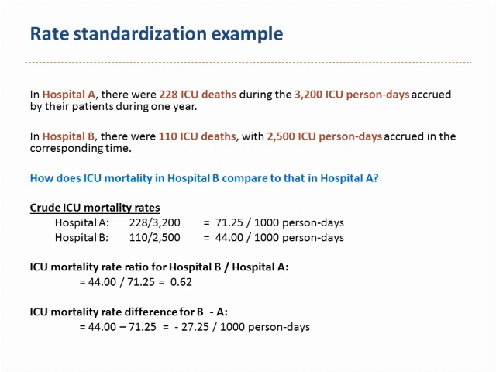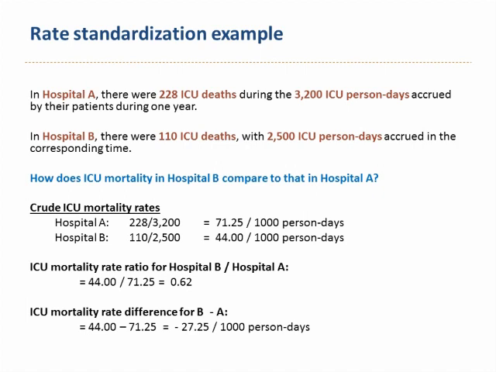We can do this simply by calculating the crude ICU mortality rates. In Hospital A, we see that the crude mortality rate is 71 per 1,000 person days, and in Hospital B, it's 44 per 1,000 person days.